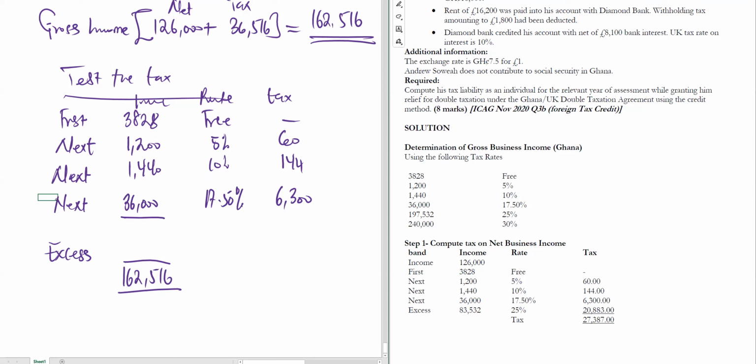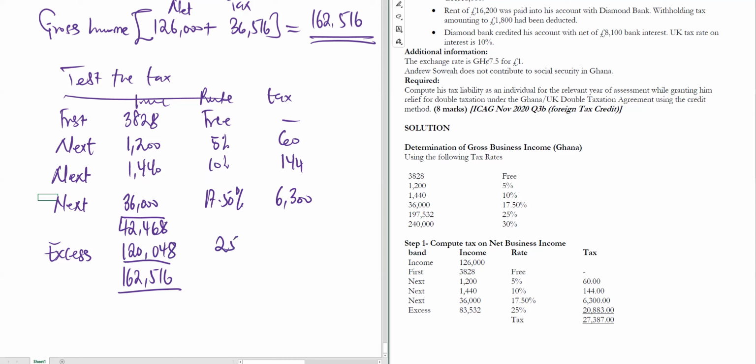You get 42,468. Okay, compared to 162,516. What's the excess? 120,048.